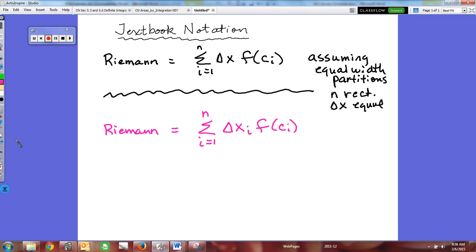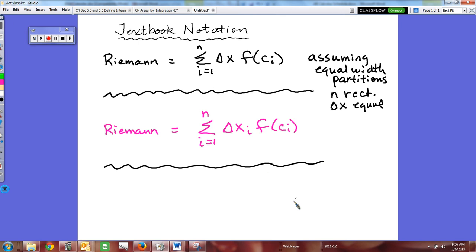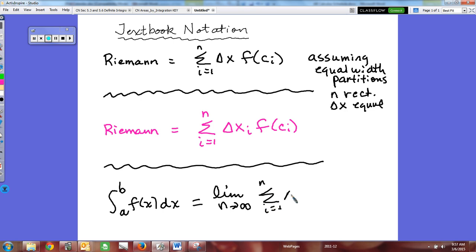Now the next change comes because our widths are not the same. When I defined the definite integral as this sum, what you're used to seeing is the definite integral from a to b of f of x dx, which we defined to be the limit as n goes to infinity of the Riemann sum, i equals 1 to n of delta x f of c_i.